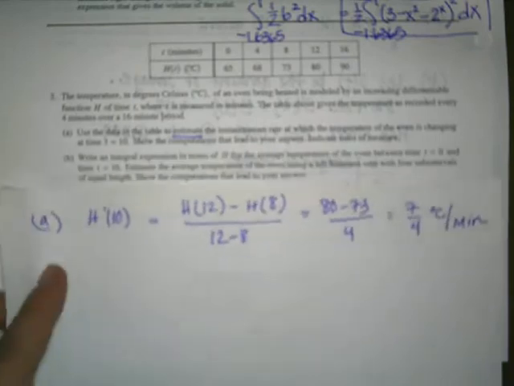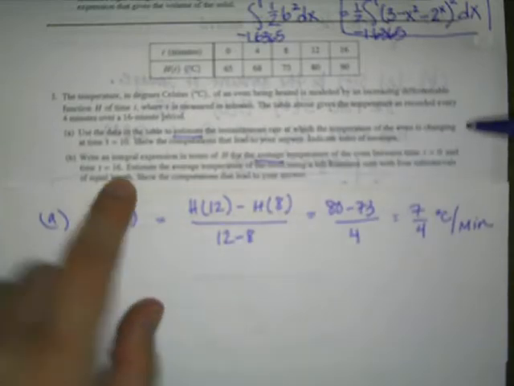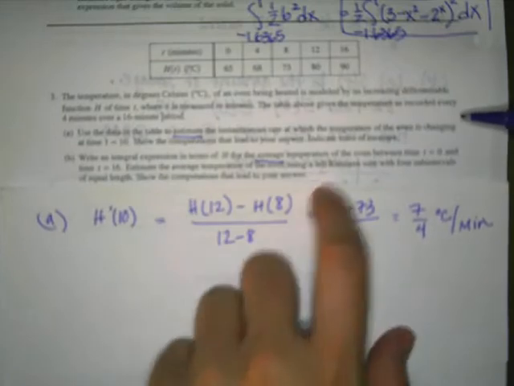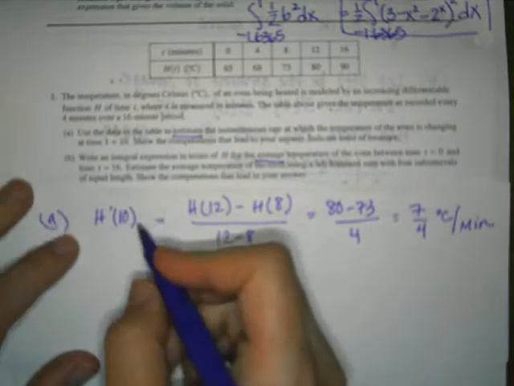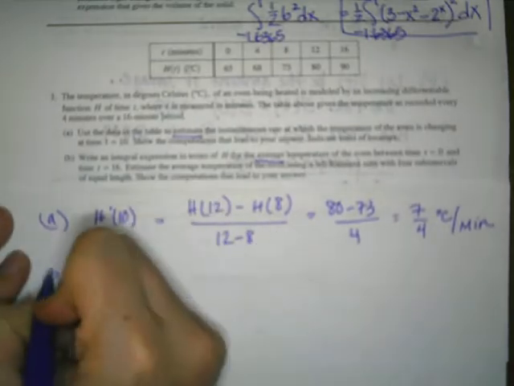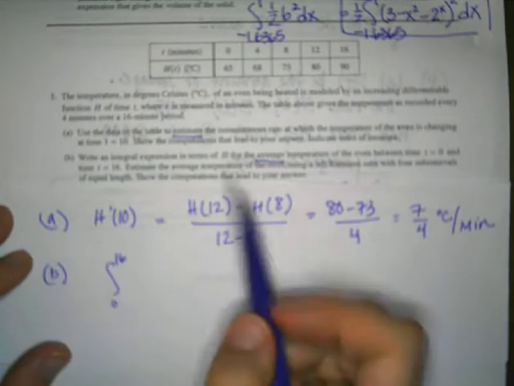For B, we're supposed to write an integral expression in terms of h for the average temperature of the oven between time equals 0 and time equals 16. Estimate the average temperature of the oven using a left Riemann sum with 4 subintervals of equal length. Show the computations that lead to your answer. Okay, so we're supposed to just write an integral expression between 0 and 16 of the average temperature.